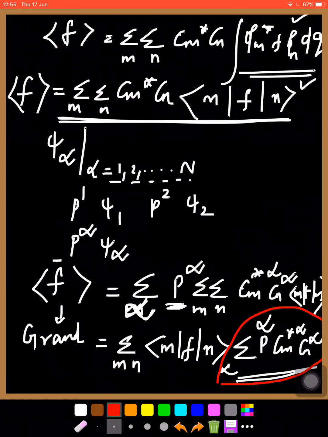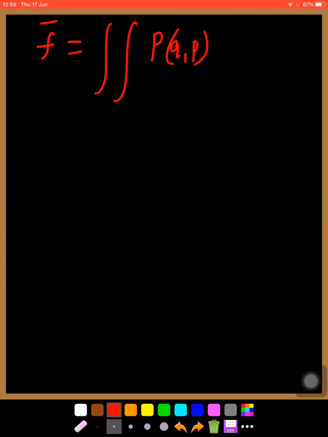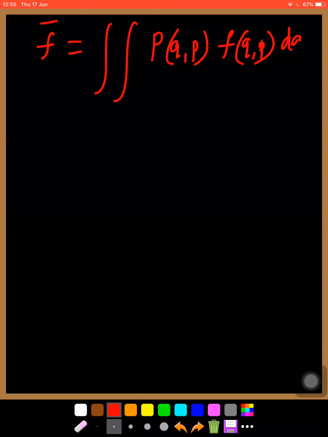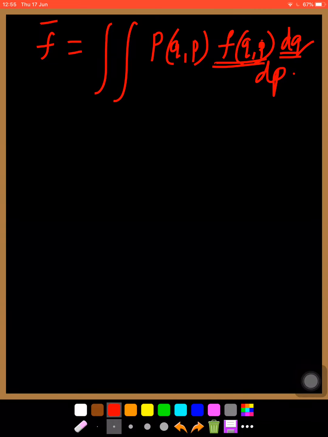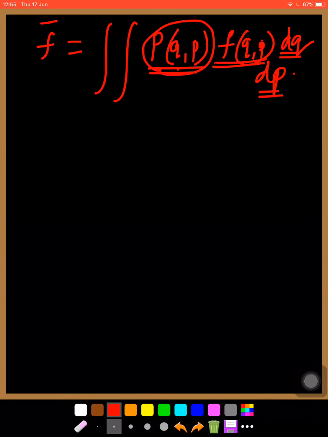The general expression for the ensemble average is something you study in the first unit, that is, integral of f rho, with rho of q p, dq dp. To calculate the ensemble average of f, we should multiply it with the probability function, the probability of each state, and then integrate.